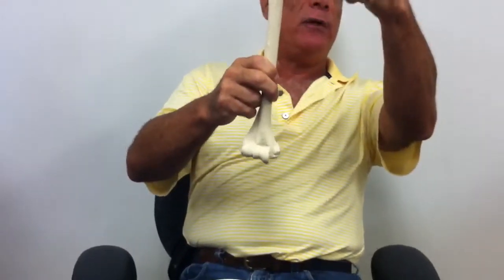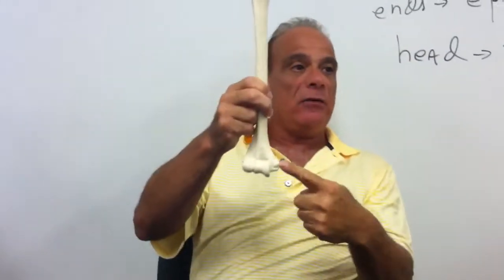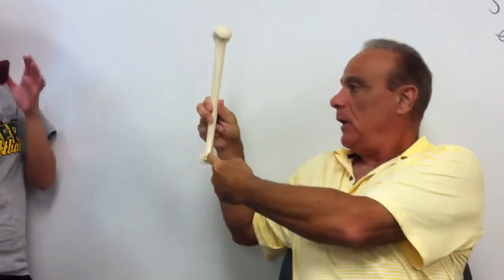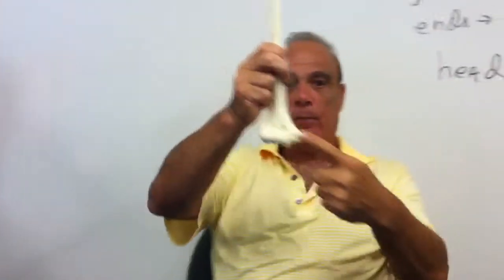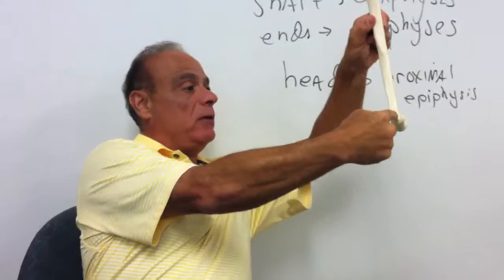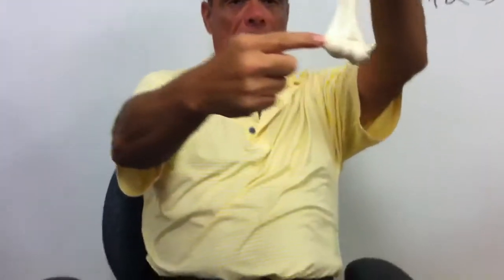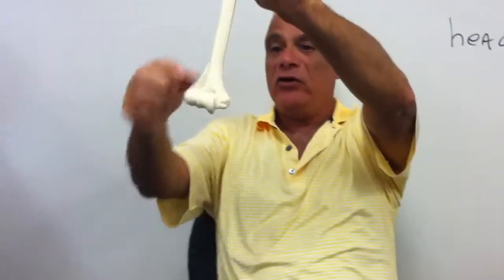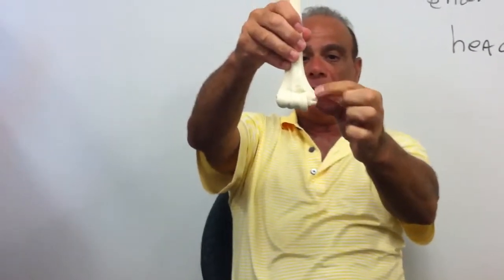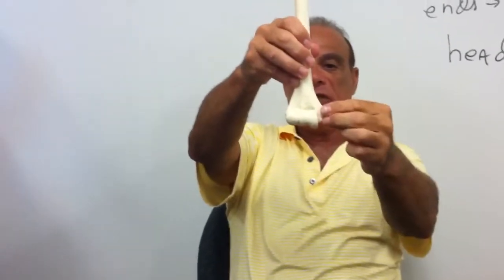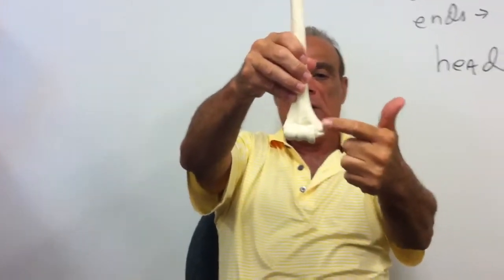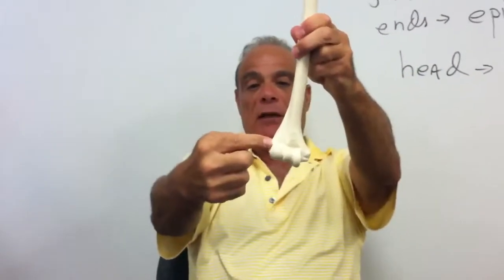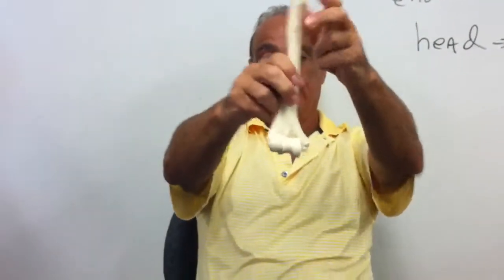Well, you know the head is medial, right? So you come down here, and this one must be the medial epicondyle right there. And then the one on the other side must be the lateral epicondyle. And if you don't like that reasoning, look at the size of the medial compared to the lateral. It's at least 10 times larger. The medial is much larger than the lateral epicondyle, if you like that reasoning.